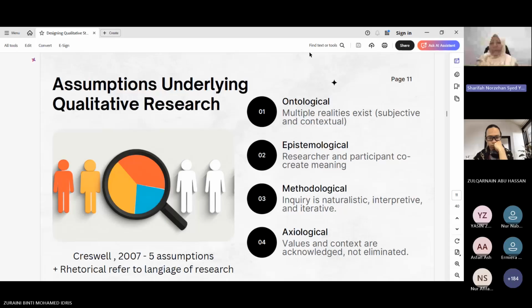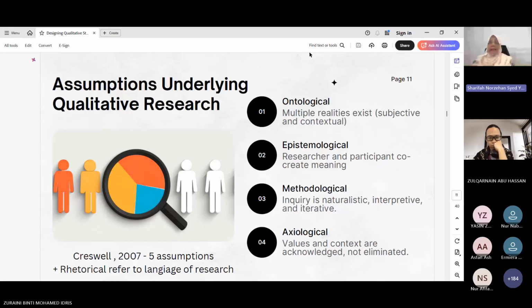Not just that, in order for you to understand what muhasabah is all about, you need to ask the people who participate in your research what they understand by that meaning. This is what epistemological is all about. That means you are trying to get the knowledge from them, the true meaning of muhasabah in the context, in practice.